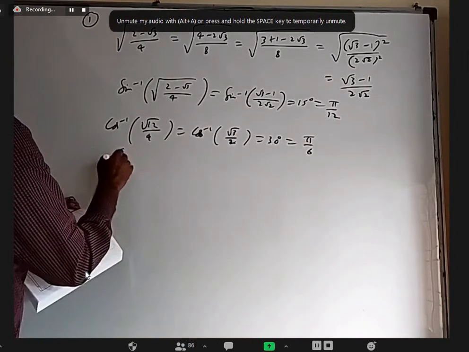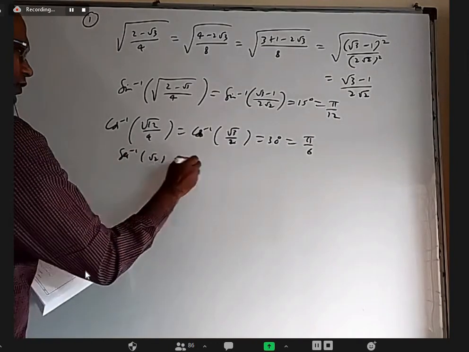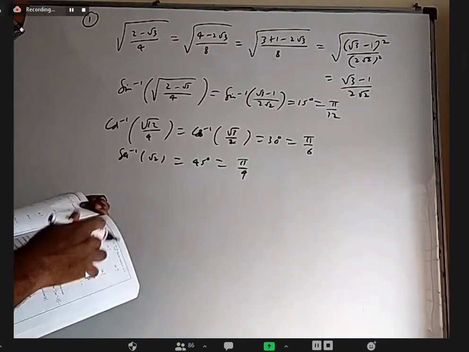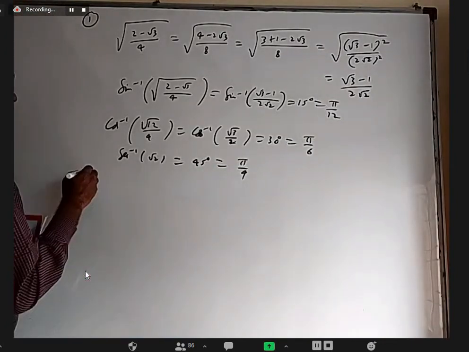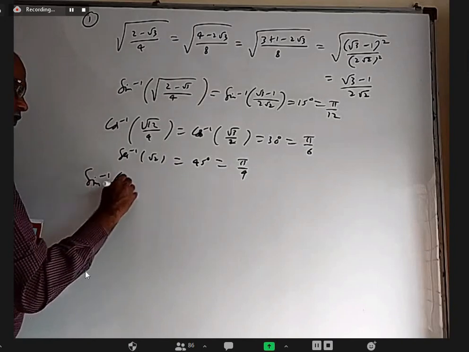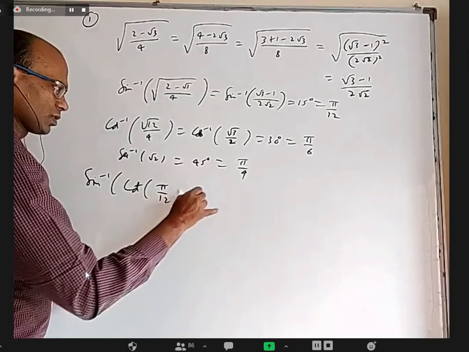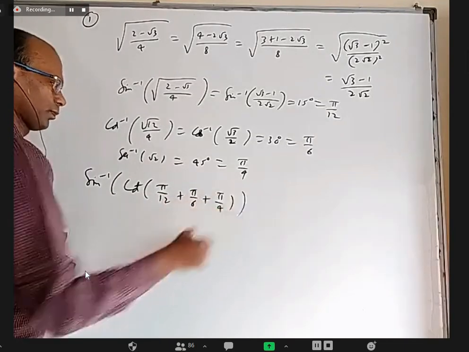And secant inverse root 2 is 45 degrees, which is pi by 4. So now they want sine inverse cot of this. Okay. So sine inverse cot of pi by 12 plus pi by 6 plus pi by 4. That is the question.